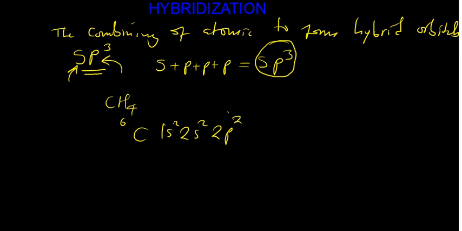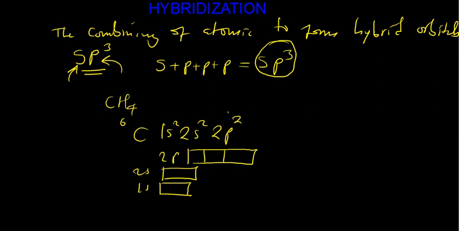We have the 1s there, then the 2s, and again the 2p. If this carbon wants to react with 4 hydrogens, remember it is the valence shells which take part in a chemical reaction.